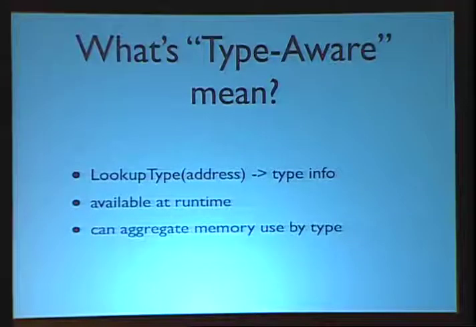So type aware basically means that for every address, you can look up the type of the object at that address at runtime. And also you can aggregate memory use by type, like 40% are string refs, 10%, I don't know, file handles or something.